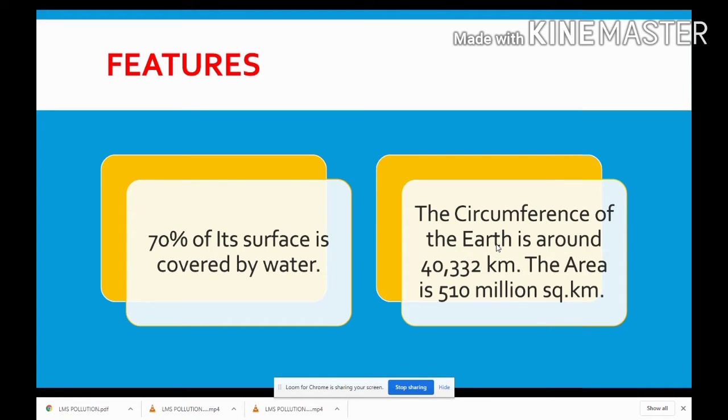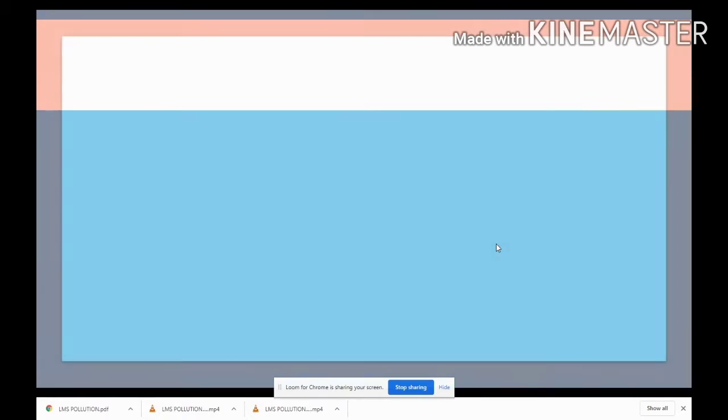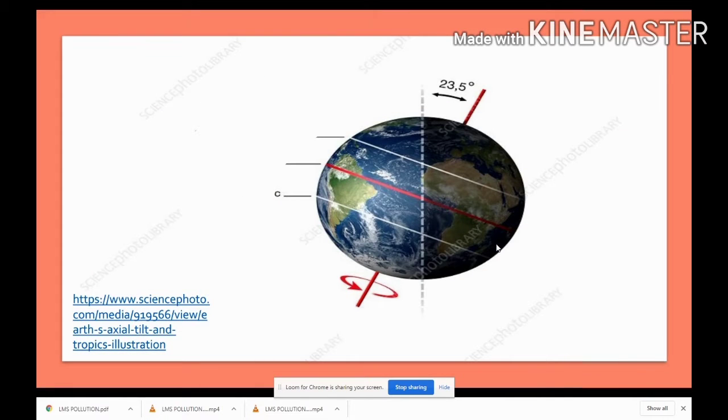Circumference is 40,332 kilometers. The area is 510 million square kilometers. Here you can see the tilt of the earth. The tilt is the bending of the earth, making an angle of 23.5 degrees, right?